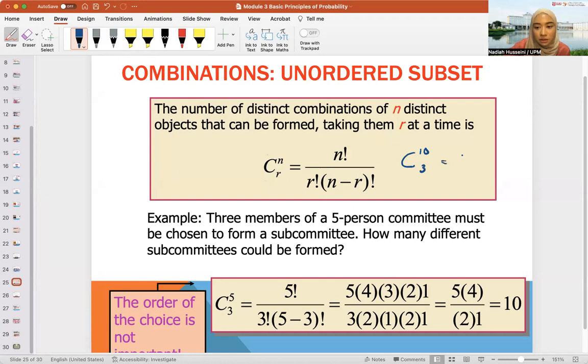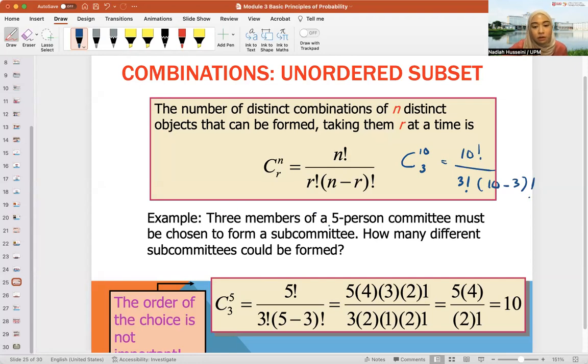So this becomes 10 factorial over 3 factorial times 10 minus 3 factorial. So expand that how you want and solve that, you get the number of possible ways of selecting 3 out of 10 laptops.